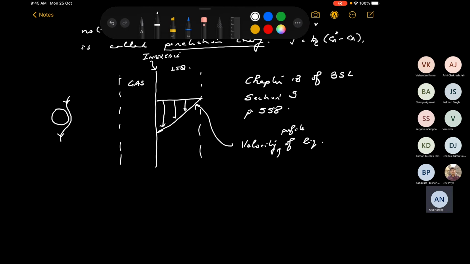This is meant to be an approximation to that picture. Imagine the liquid moving like this with the velocity profile shown over there.